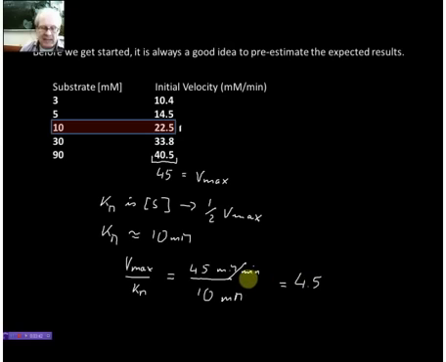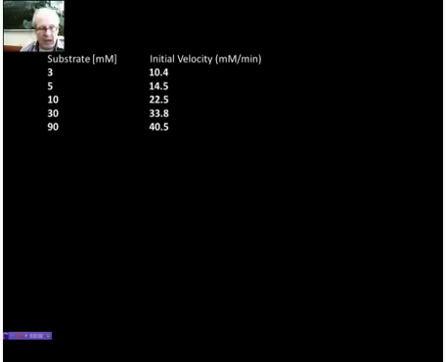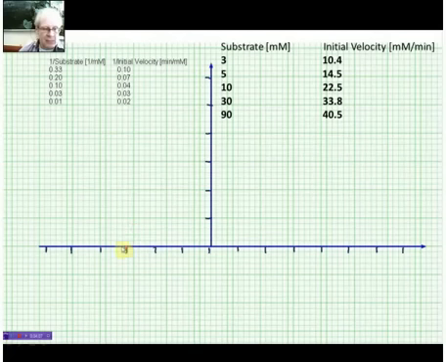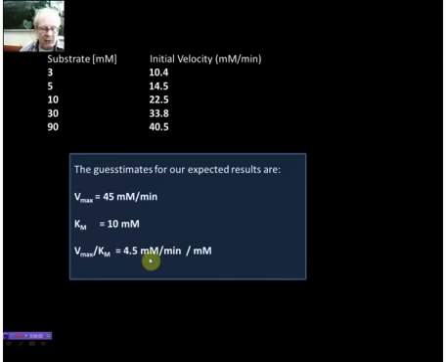We can easily leave the units as millimolar per minute divided by millimolar, or we can cancel out the millimolar. So in this case it would be minute to the -1. So these are our guesstimates. And here again, so that we don't forget, 45 millimolar for the Vmax, 10 millimolar for the Km, and 4.5 millimolar per minute divided by millimolar for the Vmax over Km.